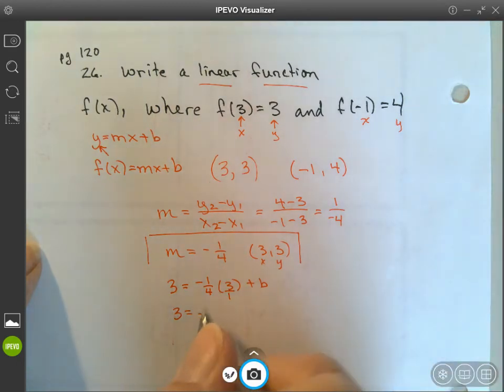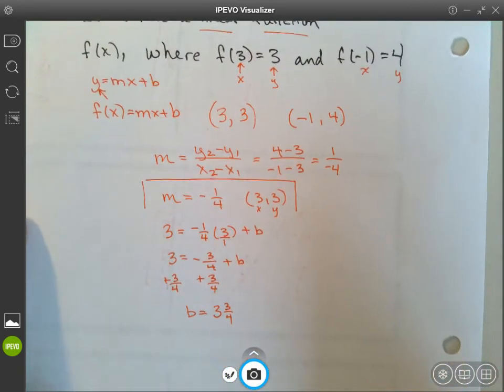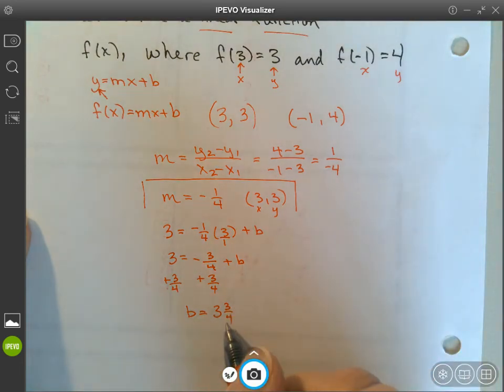So I'm going to have a negative 3 over 4. You just multiply the tops and the bottoms, plus b. And then I'm going to solve it by adding 3/4 over. If you need to use your calculator, you can, but I think it's great to use our brains. I get 3 3/4. And if you remember how to make that mixed number an improper fraction, you take 3 times 4, which is 12, plus 3. So you would get 15/4.